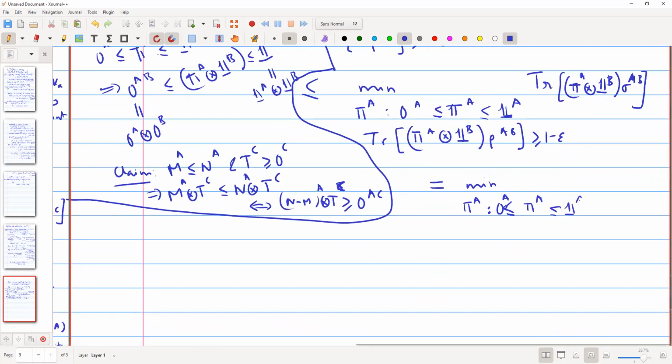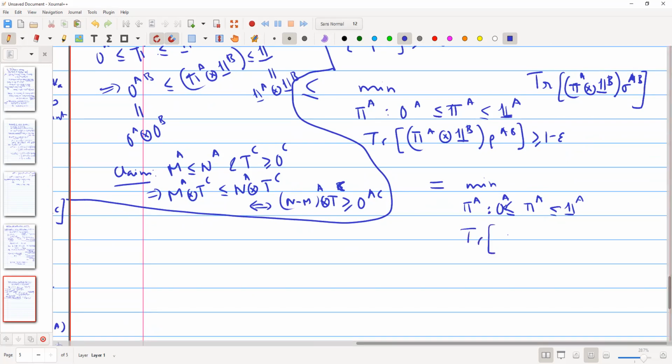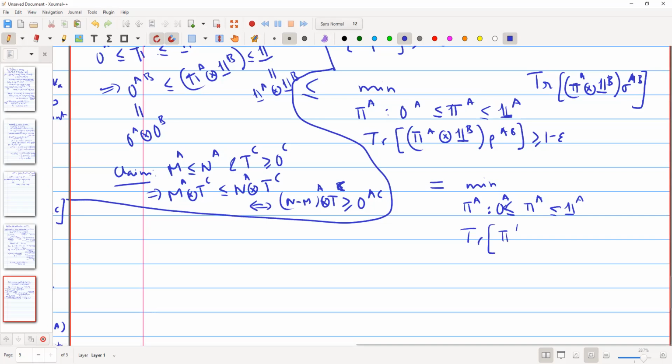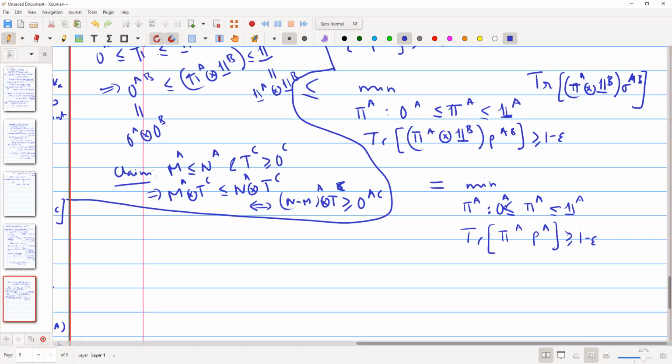Identity A. Now I use the property of partial trace. So this is the same as saying trace pi rho A is greater than 1 tensor. So we have seen it already a couple of times, and this was also remarked, the fancy way of treating it is that the partial trace is the adjoint operation of tensoring with the identity matrix under the inner product of matrices.